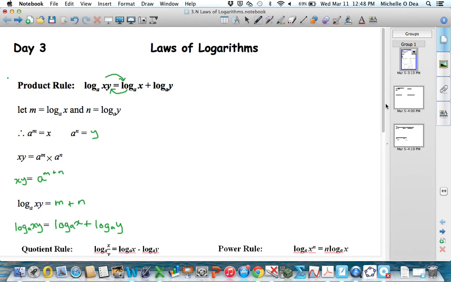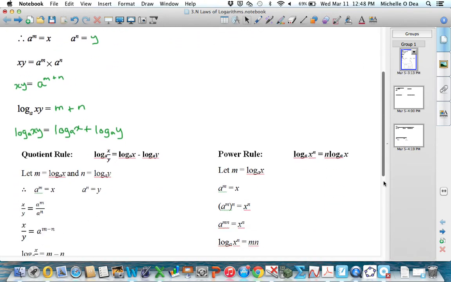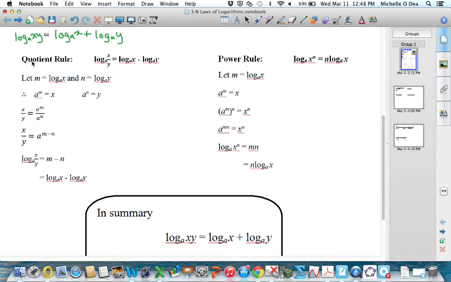Okay, so that's just the first rule. If we scroll down our page, we can see there is a second rule. This one I'm calling the quotient rule, because this time instead of log of x times y, it's x divided by y. And what this rule says is similar to the one above, that we just do log of x minus log of y.